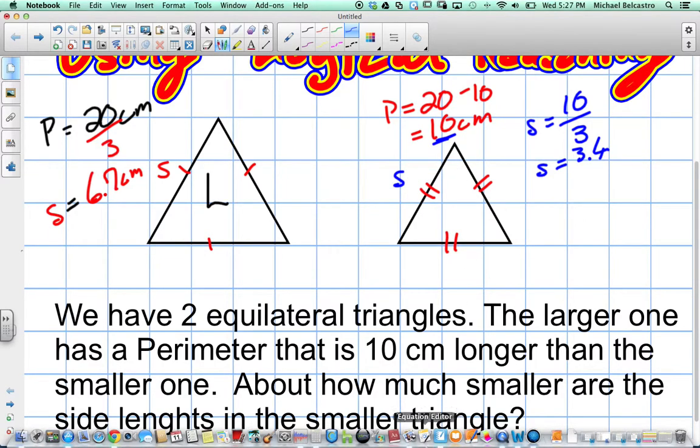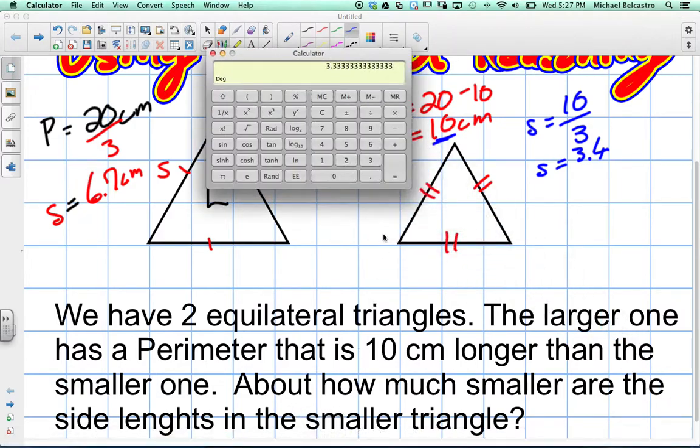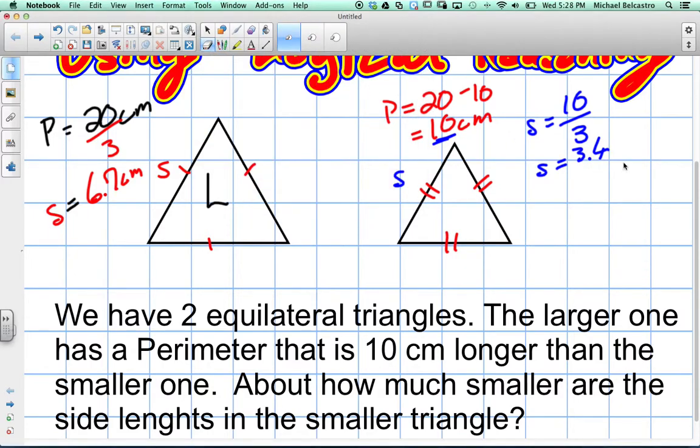Let's test it. How can we test it to make sure it's right? 3.4 times 3. Good, and that gives us 10.2. A little big because of our rounding. Actually, I think we were supposed to round it to 3.3. I apologize, I rounded that wrong. And that ends up being 9.9.